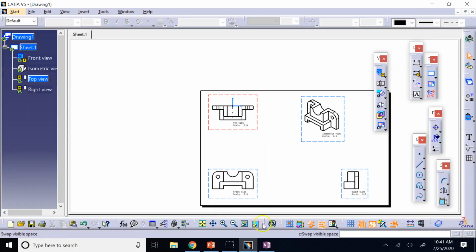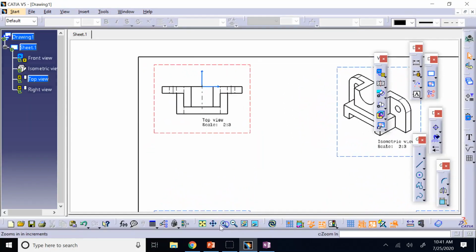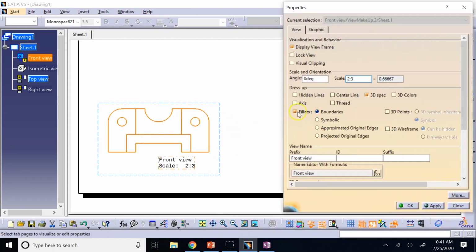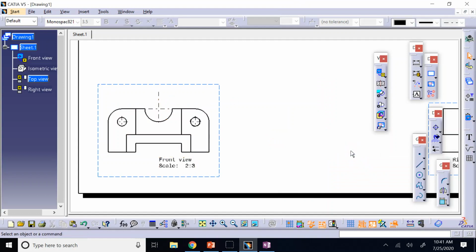All I need to do, if you look here, you see both of the circles appear the same. Now I update first. Still no difference. Why? Because I have not activated the thread command. Okay, so I activate the thread command. And now look. What's the difference?